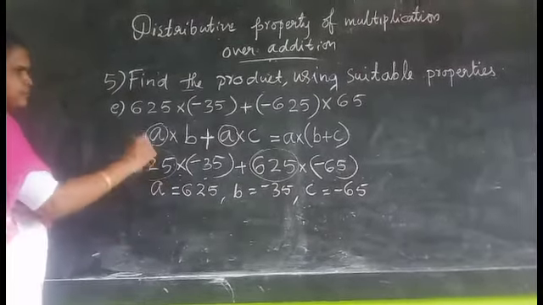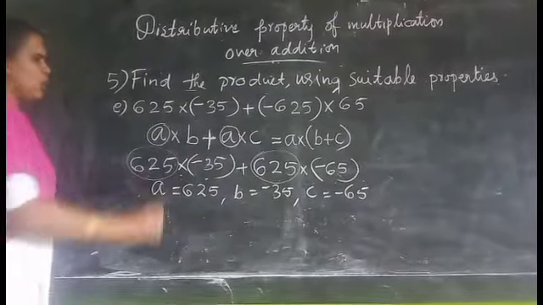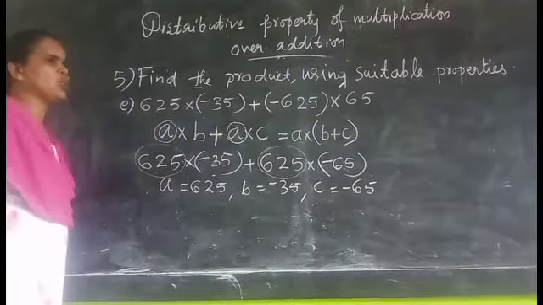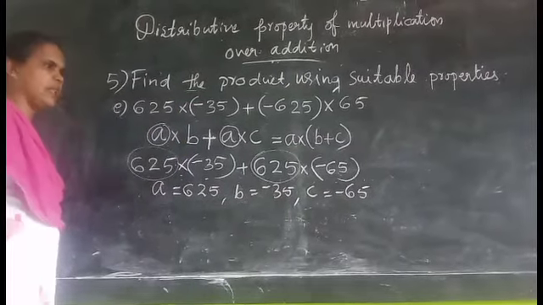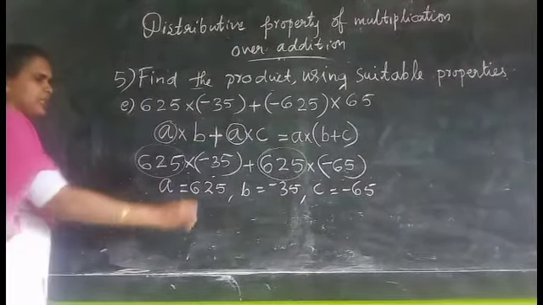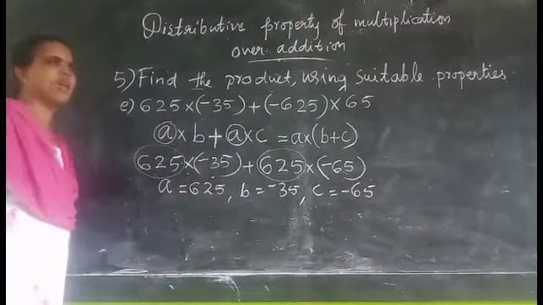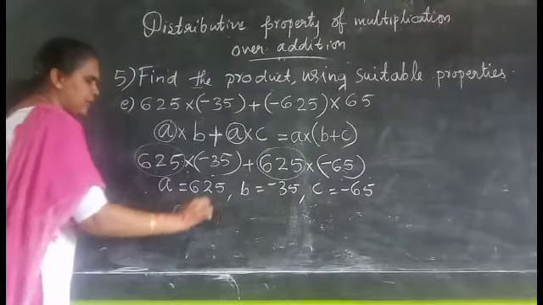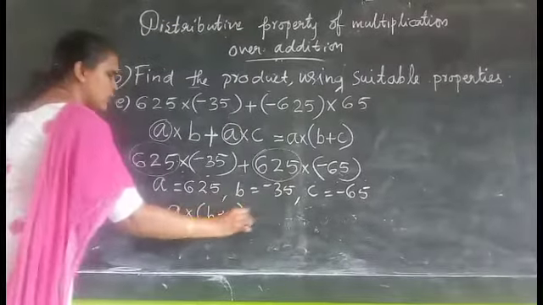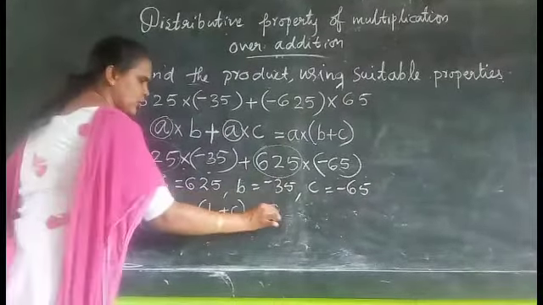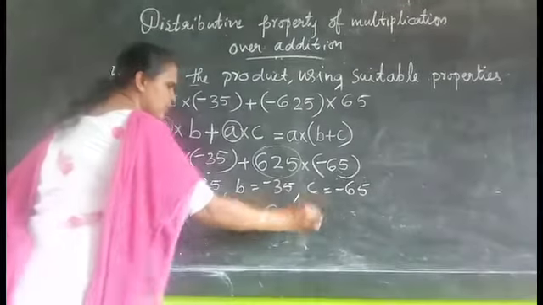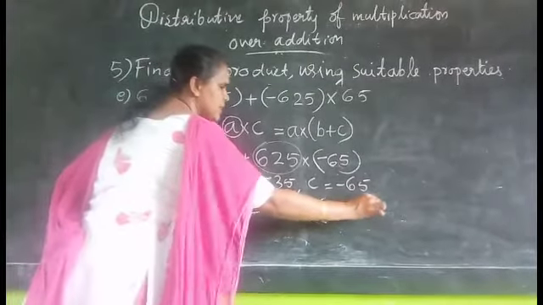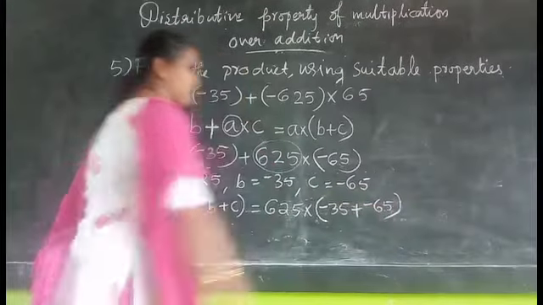So we apply the distributive law. A into B plus A into C is equal to A into B plus C. We can substitute these values in the place of A, B and C. So A into B plus C is equal to 625 into negative 35 plus negative 65.